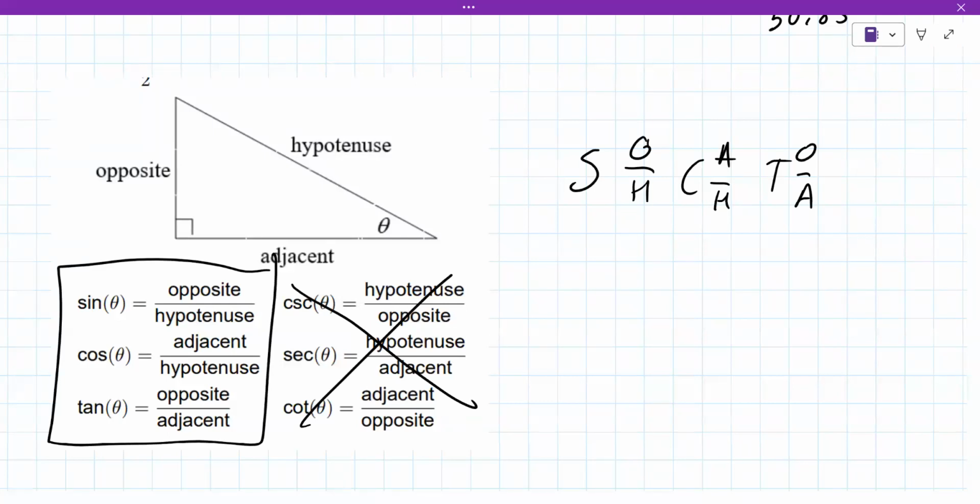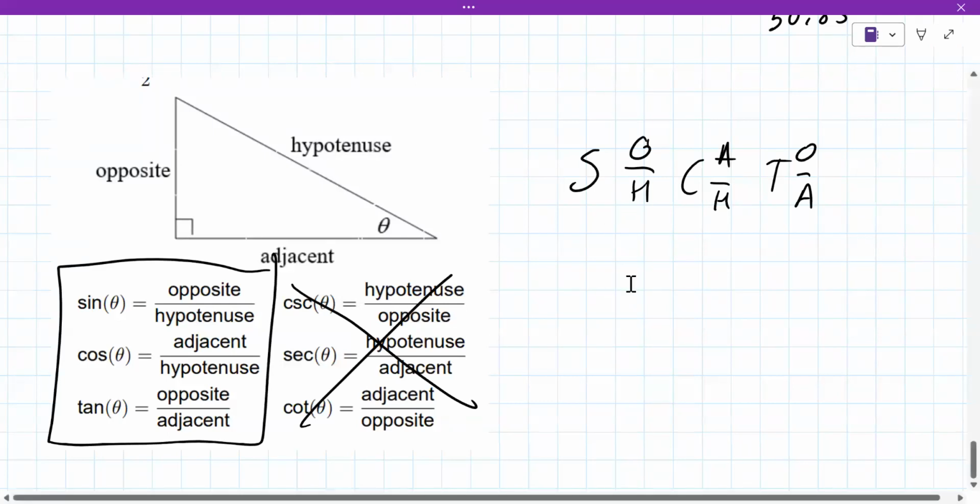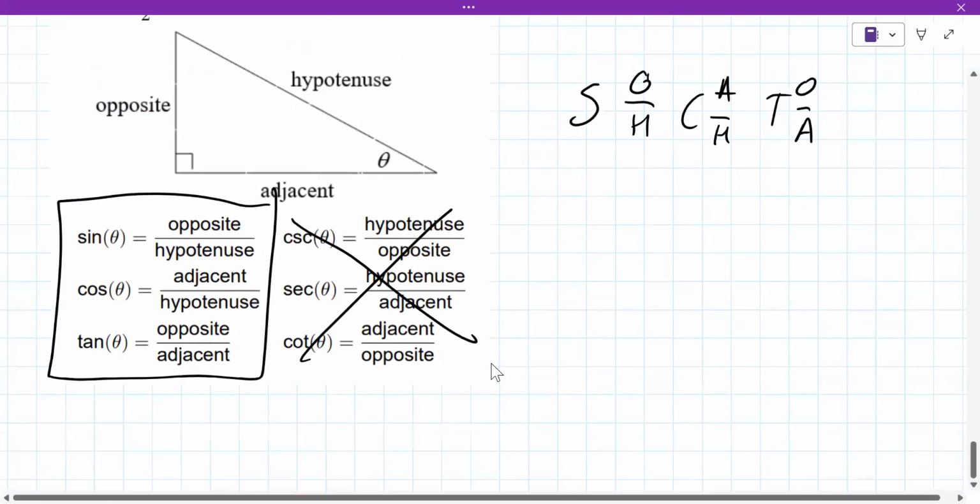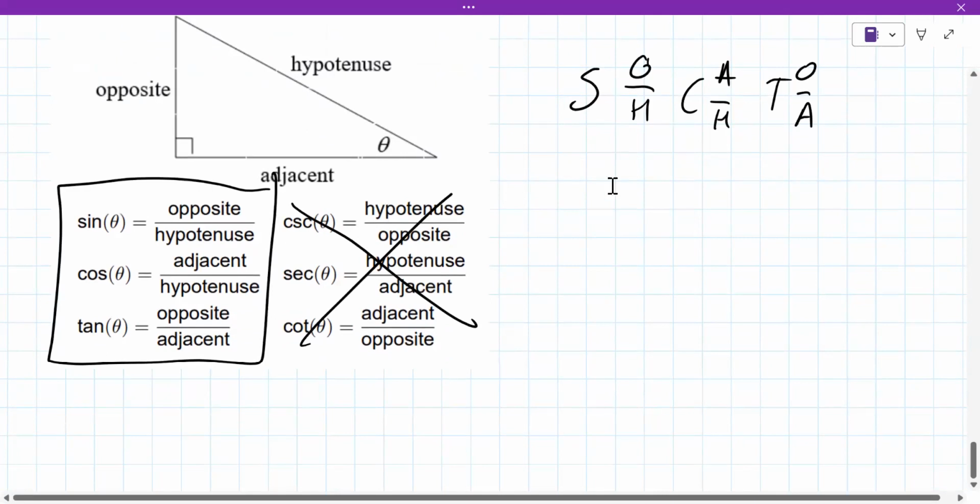So just basically get that memorized. Do you have some of this written down? Because I'm going to give you a couple of rapid fire questions that you're not solving, you're just identifying sine, cosine, and tangent.